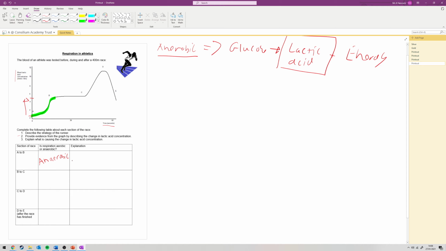So if it pretty much stays the same, although we are not able to pay back our oxygen debt, we are getting enough oxygen to respire aerobically. There is just none left over. Now that is the ideal condition. It very rarely would happen if you were able to maintain that perfect amount of aerobic respiration where you're exerting your body as much as it possibly could go, but you're not producing more lactic acid, you'd be able to run for a very long time. So this is aerobic.